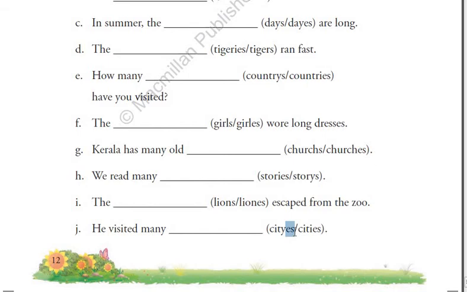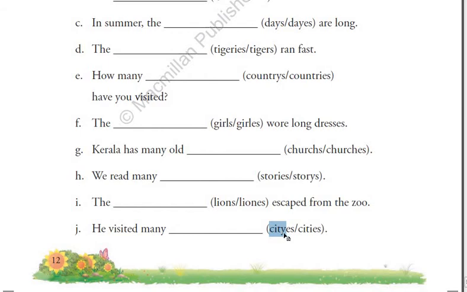CITYES or CITIES. The base word is city, and then you have to make the plural of that word. So again you have to think. The word ends with Y, and the alphabet before it is T, which is again a consonant.